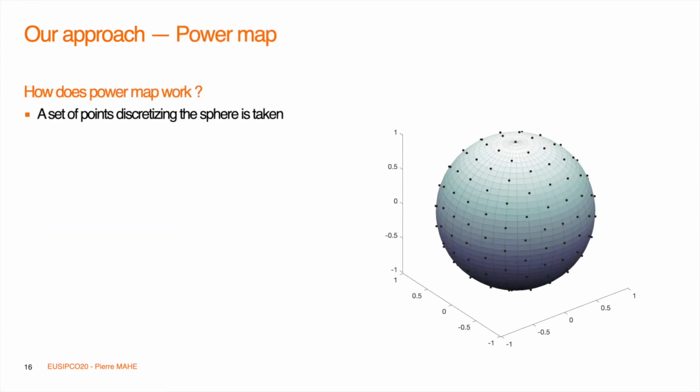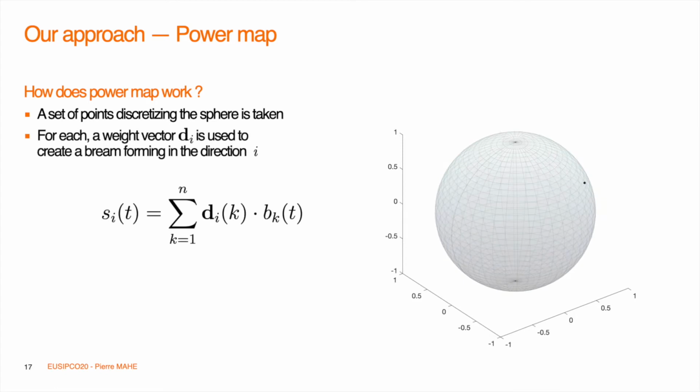First step of our approach, the power map computation. The simplest way to compute a power map is to select a set of points which discretize the sphere. For each point, a weight vector d is computed to create beamforming. With this beamforming, the signal coming from this direction is extracted. Then the power is computed for all the points.